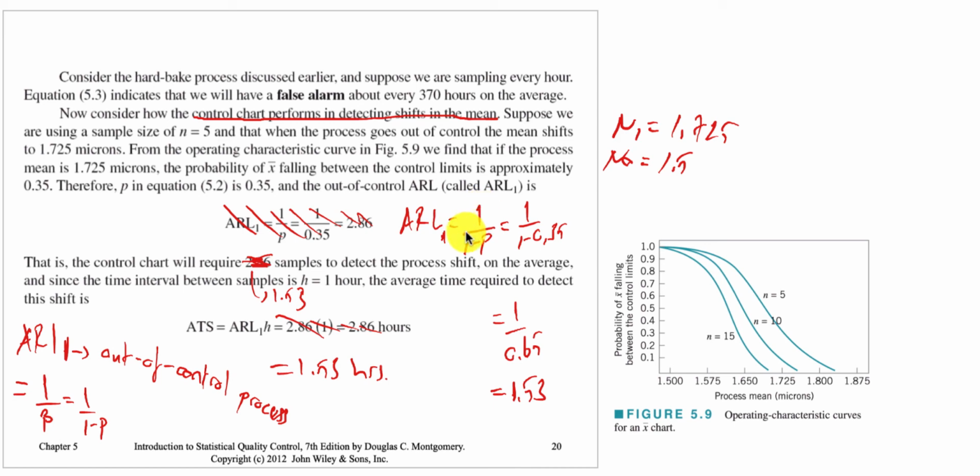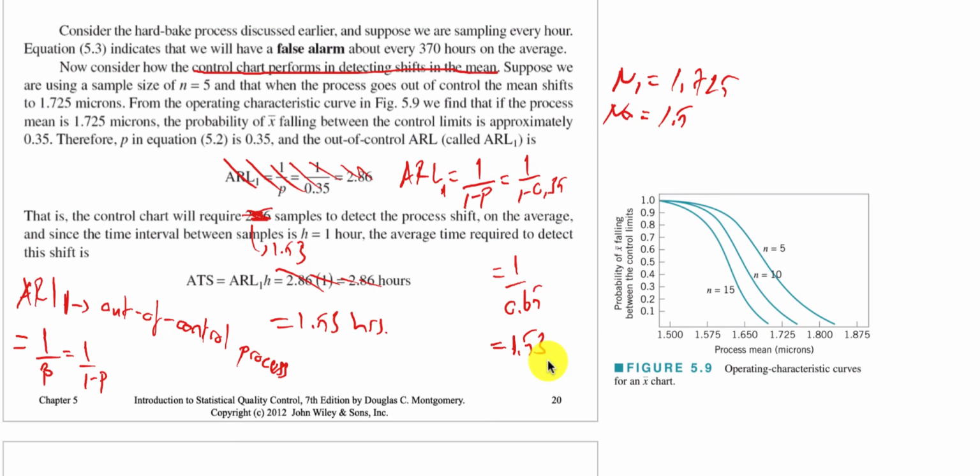It is 1 over 1 minus beta, where beta is the beta risk, which is calculated already in the OC curves, operating characteristic curves, and you're going to encounter these curves in the next chapters as well.